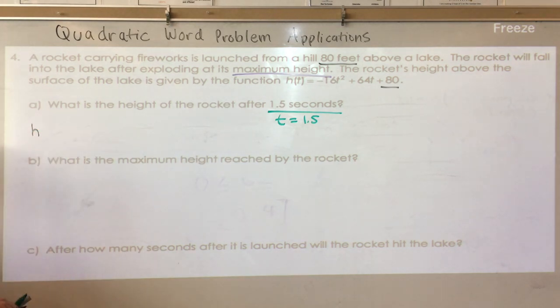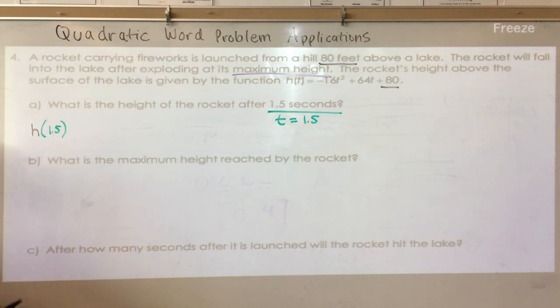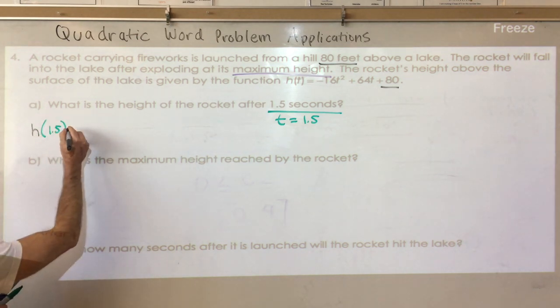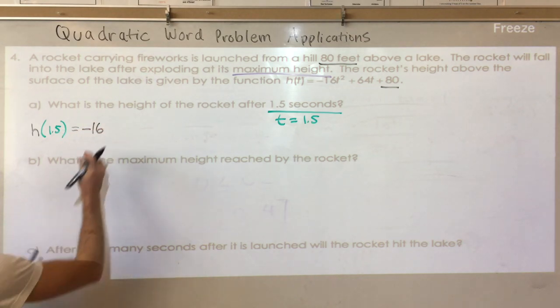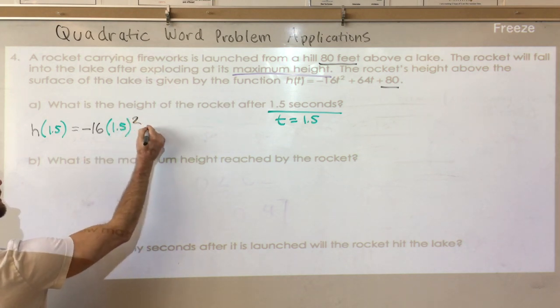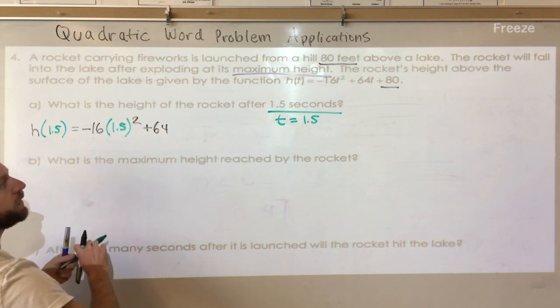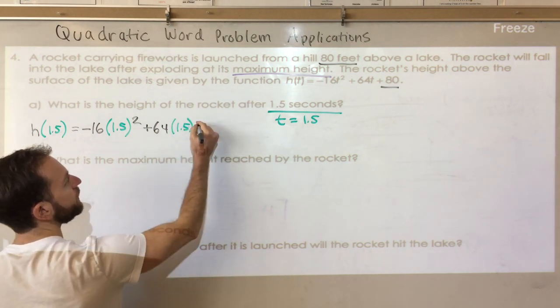h of t, in this case 1.5, will be equal to negative 16 times 1.5 squared plus 64 times 1.5 plus 80.